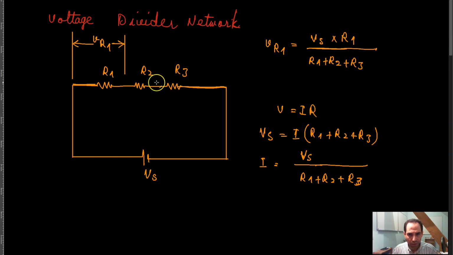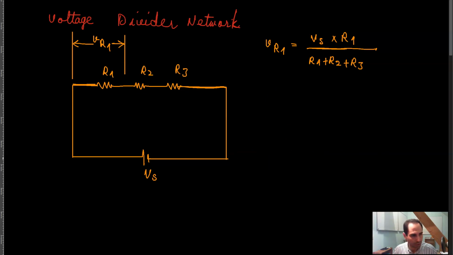If you do this calculation for the rest of the circuit, you will find the voltage drop across these two resistors. Let's call this R2.